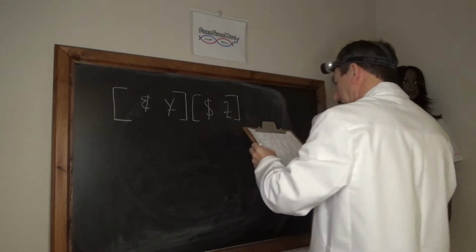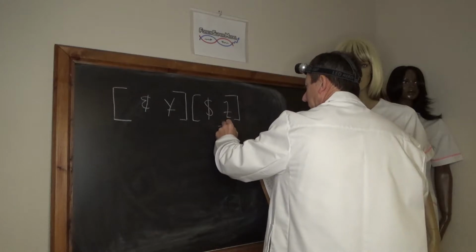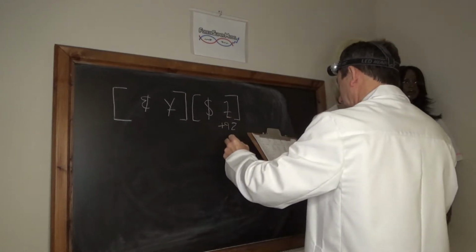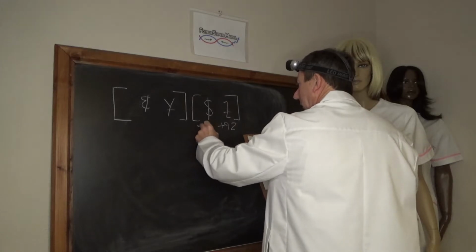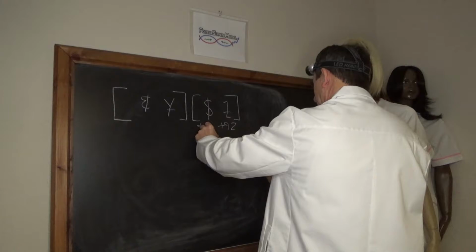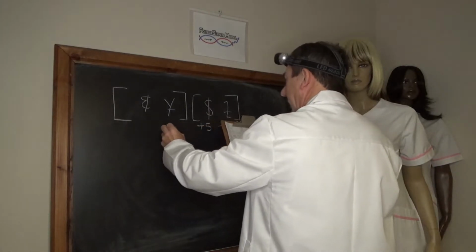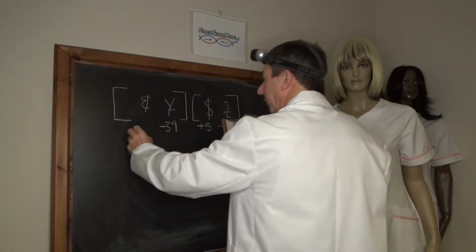Put figures in: pound plus 92, dollar plus 5, yen minus 39, euro minus 58.